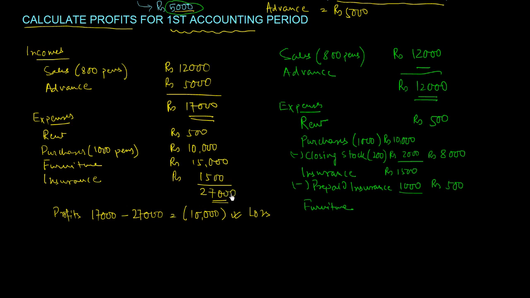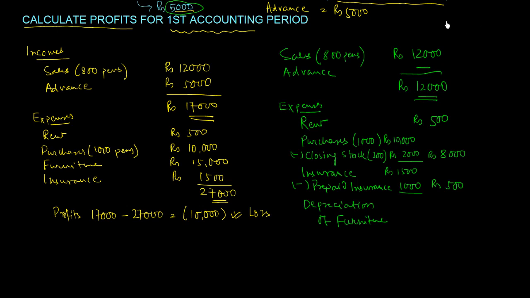So the allocated cost of the furniture for 1 year, or the depreciation of furniture, would be, we will not write furniture over here in expenditure, but we would write the depreciation of furniture.